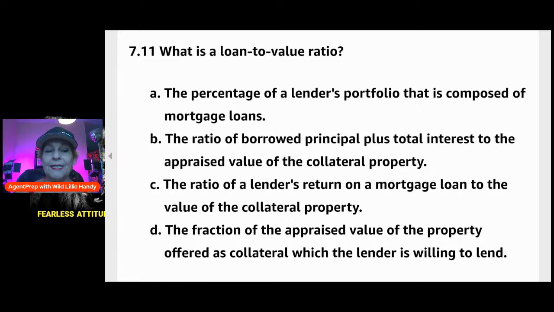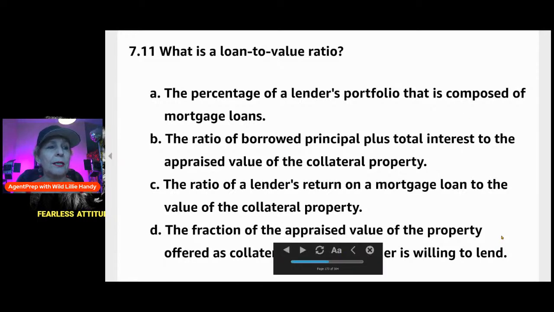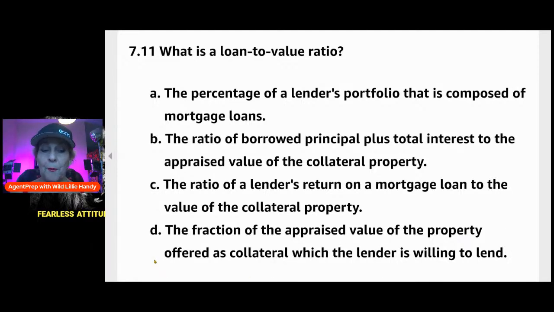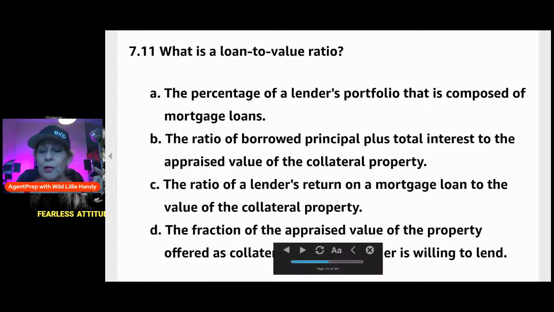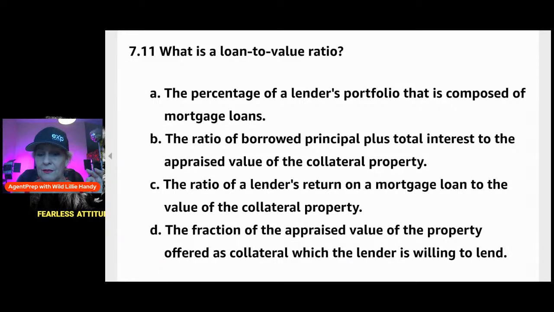Yes, the answer is D. The fraction of the appraised value of the property offered as collateral, right? Because the property is the collateral. That's the subject property, which the lender is willing to lend. No, it is not the A. It is D. You have it right, Ruth. 711 D. You were right.